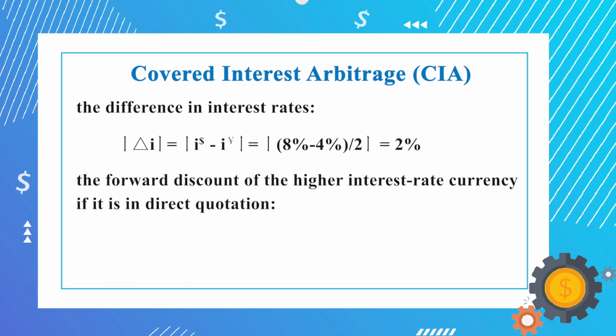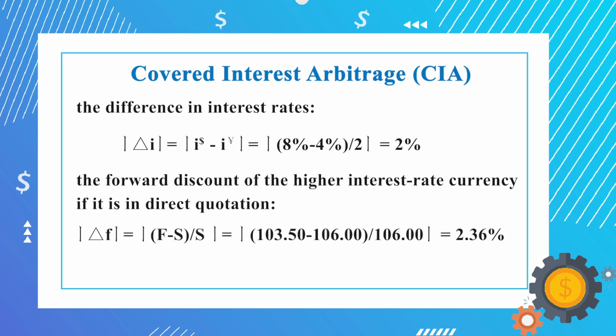Here, we change the term of the interest rate from 1 year into half a year because the forward rate is for half a year, 180 days. Then we need to calculate the forward discount of the higher interest rate currency in direct quotation.